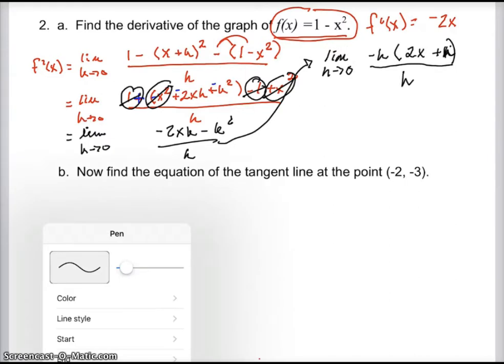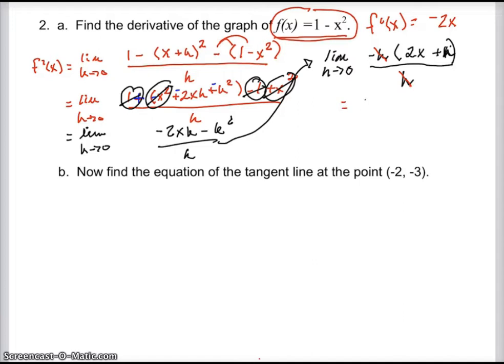And finally, my h's will cancel. And now I've canceled that pair of common factors, so I can now evaluate the limit. So 2x plus 0, my derivative is, and don't forget about this negative like I almost did, my derivative is negative 2x.